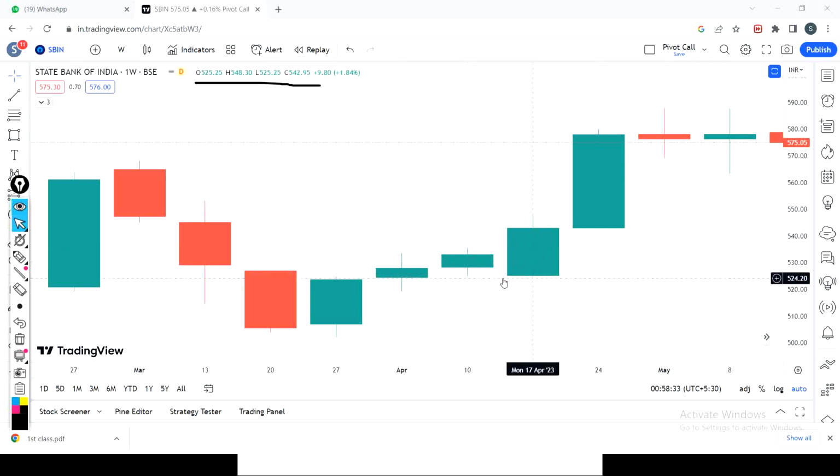So it means this candle has a very small upper wick or upper shadow, and there is no lower wick. That means the candle started at this level. This is the open, 525. It has made a high till this level, which is 548, and it has closed at this level, which is 542.95.